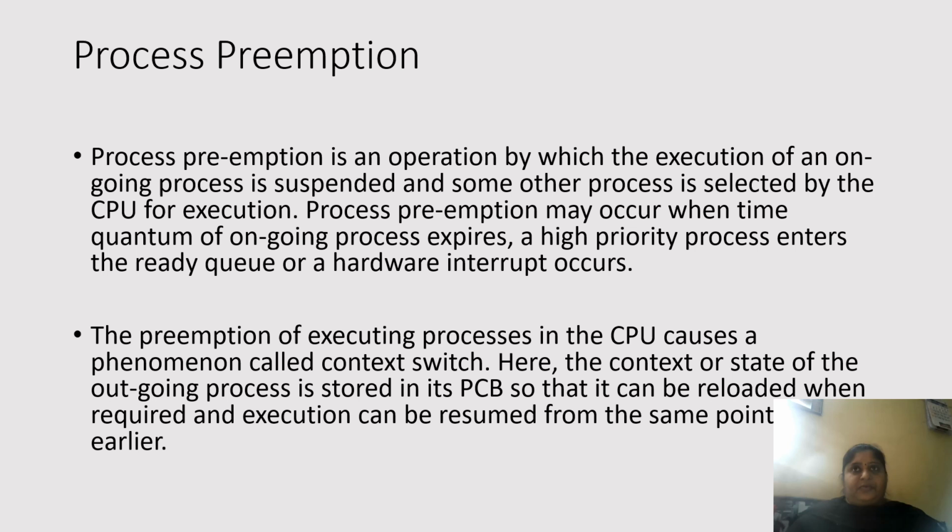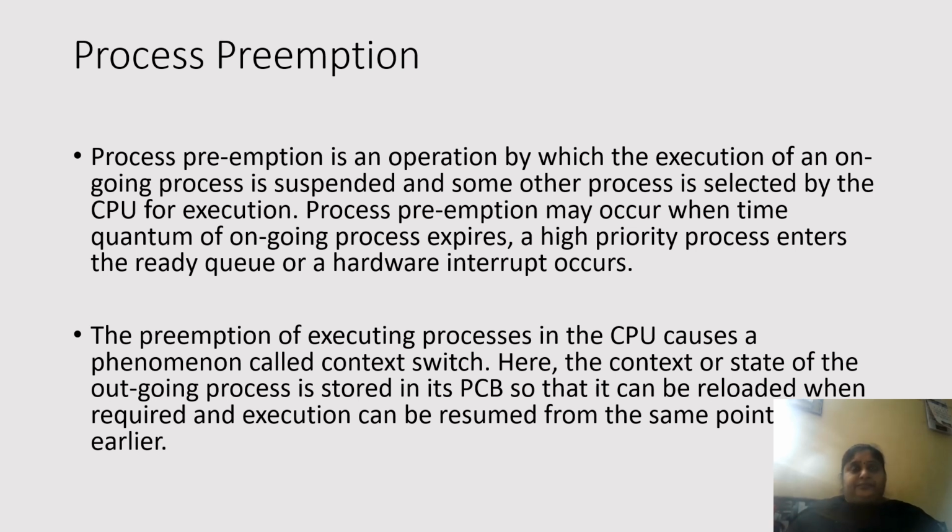For example, in the round robin scheduling algorithm, the time quantum is 2 milliseconds for each process. Nearly 5 to 6 processes are running in the CPU. In these 2 milliseconds, the particular process executes and does not complete its execution.